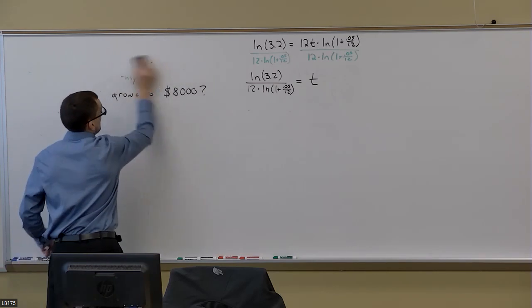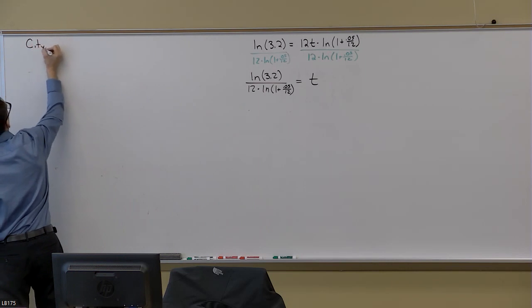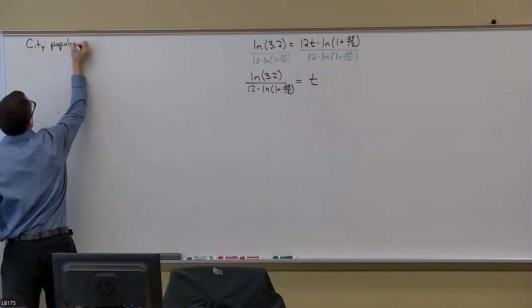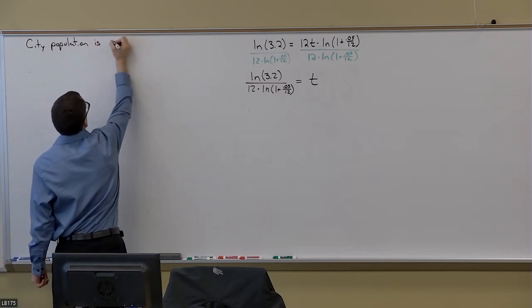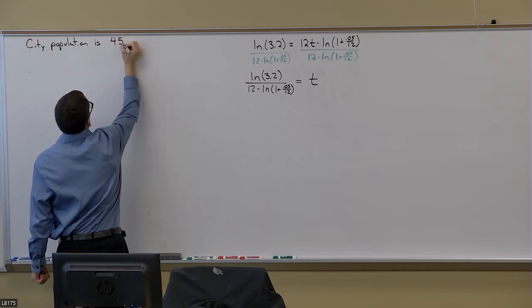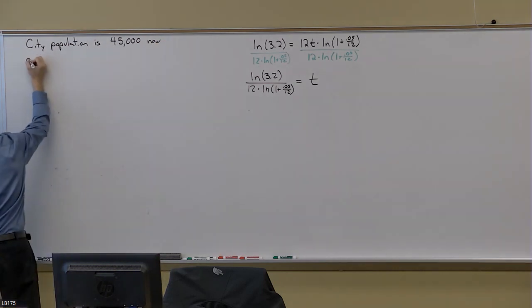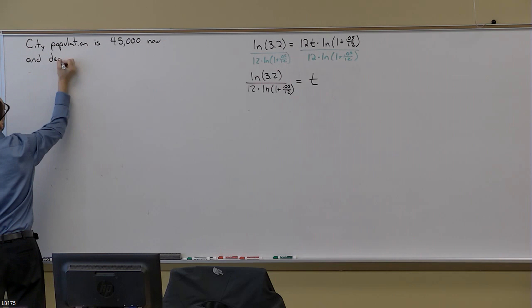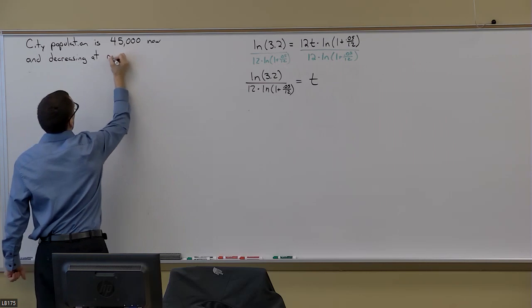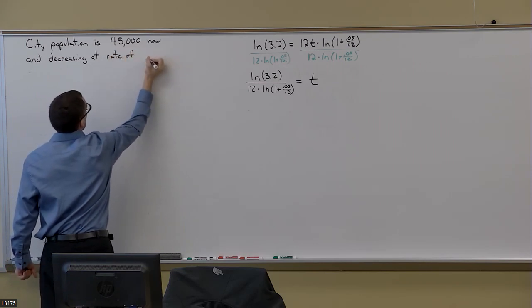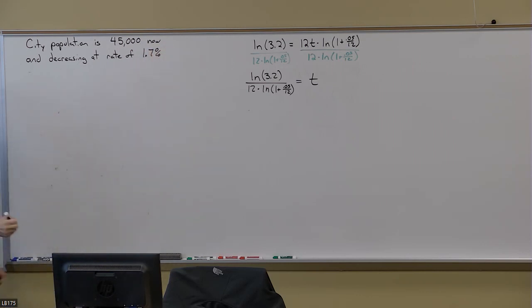Let's say there's a population of a city that is 45,000 now. And it's decreasing at a rate of 1.7% continuously.